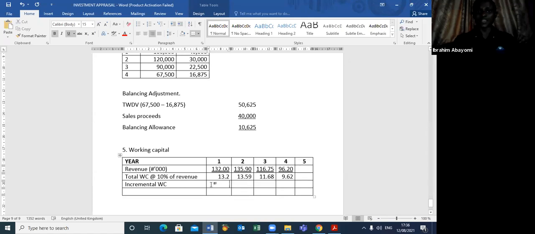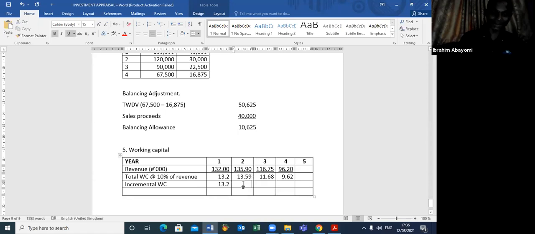So incremental working capital is from here now. The first year working capital is 13.2. There's no increment because that was the first year. Now, from 13.2 in year 2, working capital increased to 13.59.